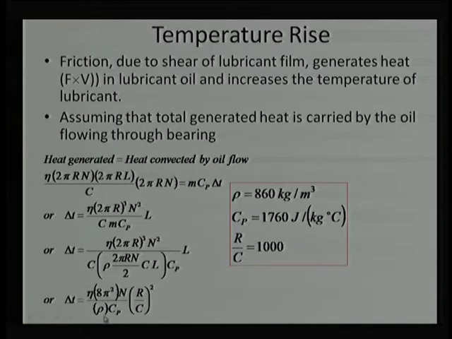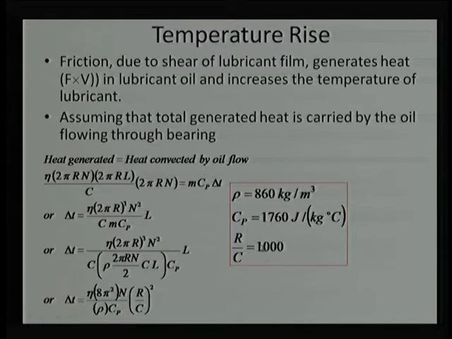Now, we know very well that most of the data are known to us. In this case, R by C we are already assuming, Cp for the liquid is generally a constant value and can be used directly, then the density term, and 8 pi square is a simple constant. So we can substitute these values, and the temperature rise can be given in terms of viscosity and rotational speed.